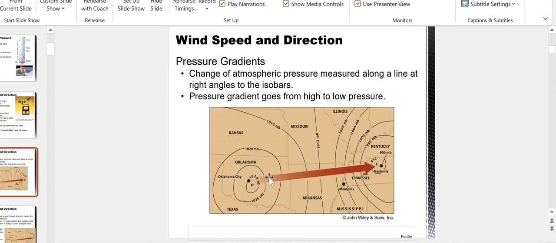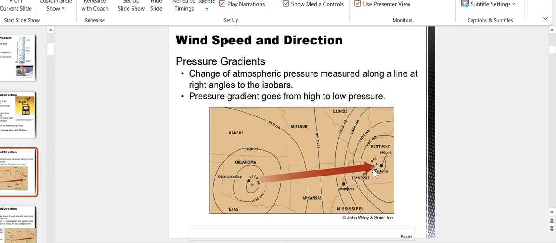It then moves as wind. It becomes a horizontal movement of air, and this wind now moves to the low pressure center. I'm going to show you a visual example to help you understand how this works a little bit better.